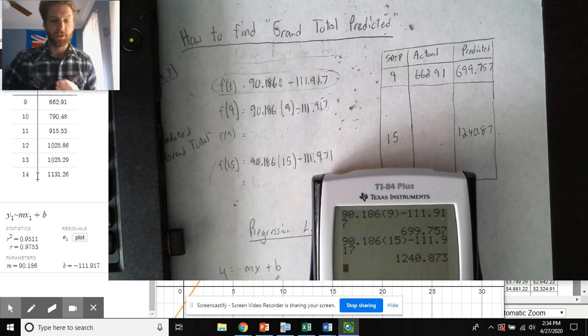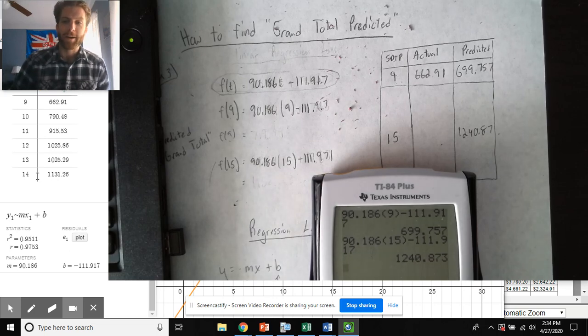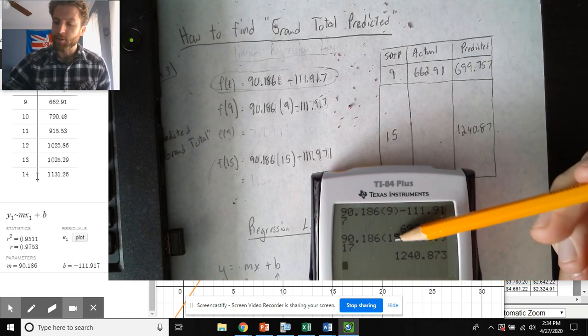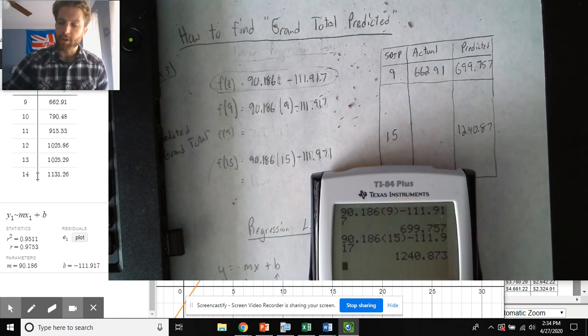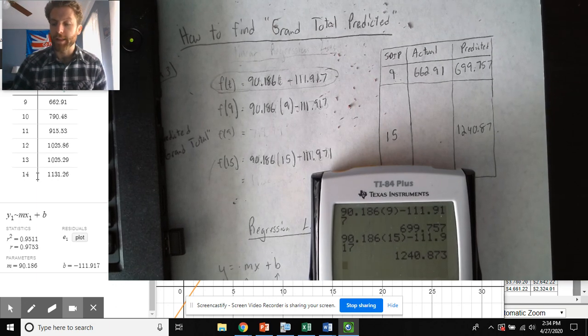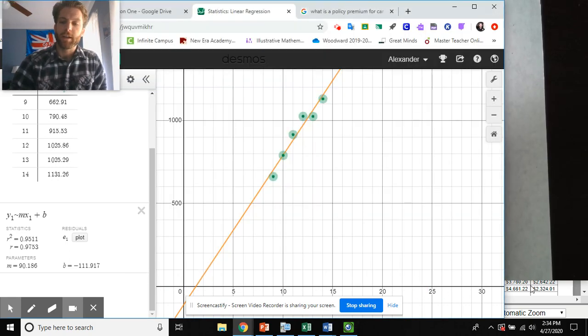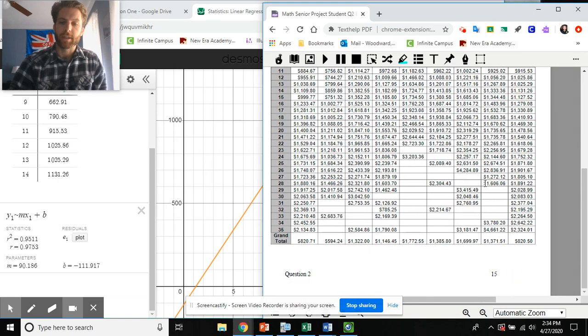Oh, we didn't even do the actual value yet. That's fine. Yeah, but I think you guys understand at this point. We're plugging in the SDIP level into your linear regression, and then comparing the predicted to the actual numbers. This comparison between prediction and actual numbers is what you're doing for exercise 3. Okay?